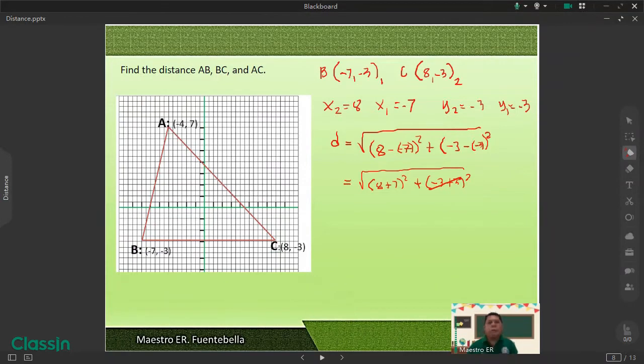So it becomes the square root of 15 squared, where the square root of 15 squared equals 15. So the distance now of B to C is 15 units. So that's how to find the distance between two given points.